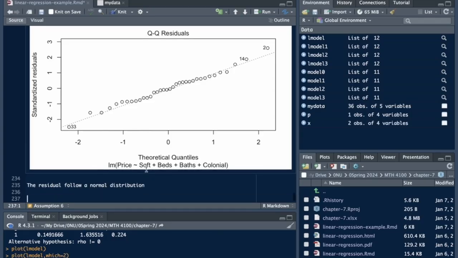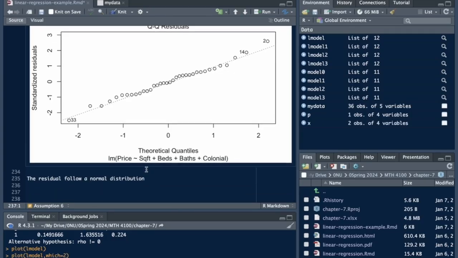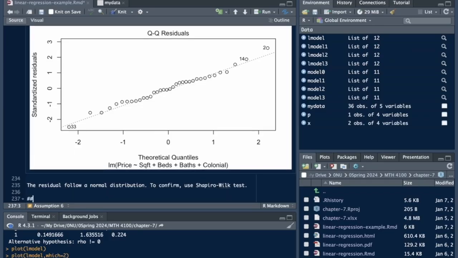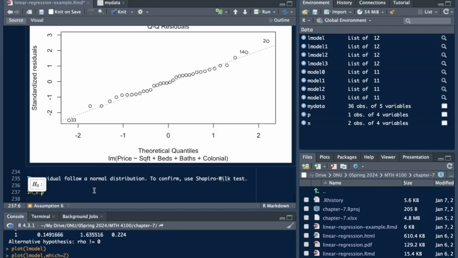By the way, we can use another test to confirm, called the Shapiro-Wilk test. We have the null hypothesis of the Shapiro test. Not hashtags, it's the dollar sign, because I'm typing math here. The null hypothesis, H0, says the data follows a normal distribution.